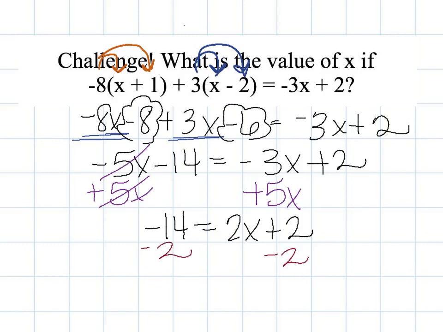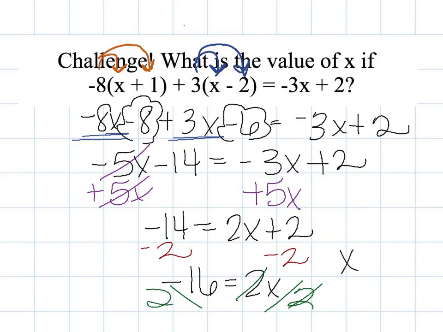So then that's going to leave you with negative 16 equals 2x. And then your last move, hopefully, is to divide by 2 on both sides. And so you get a final answer of x equals negative 8.